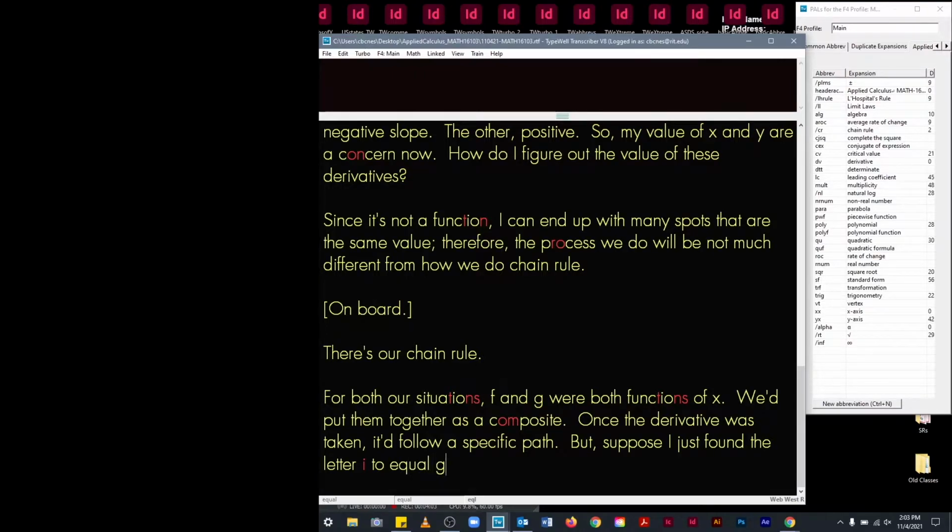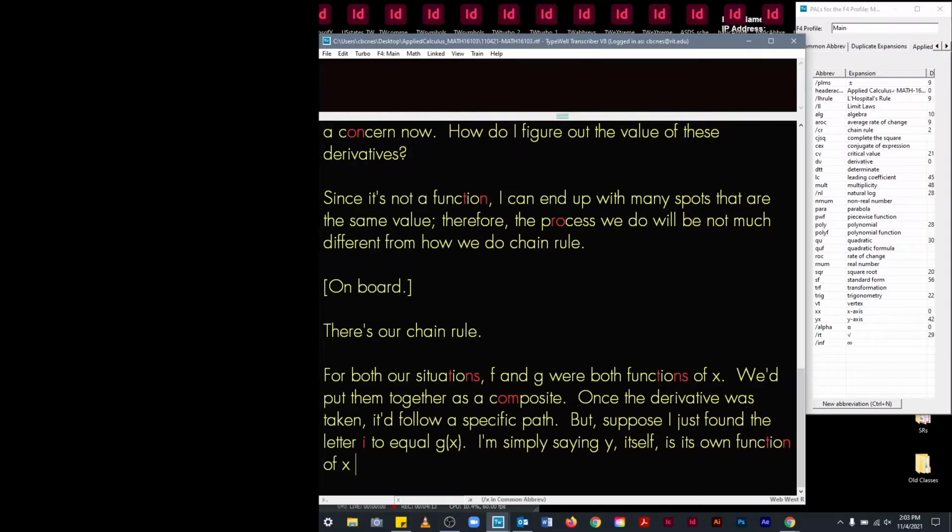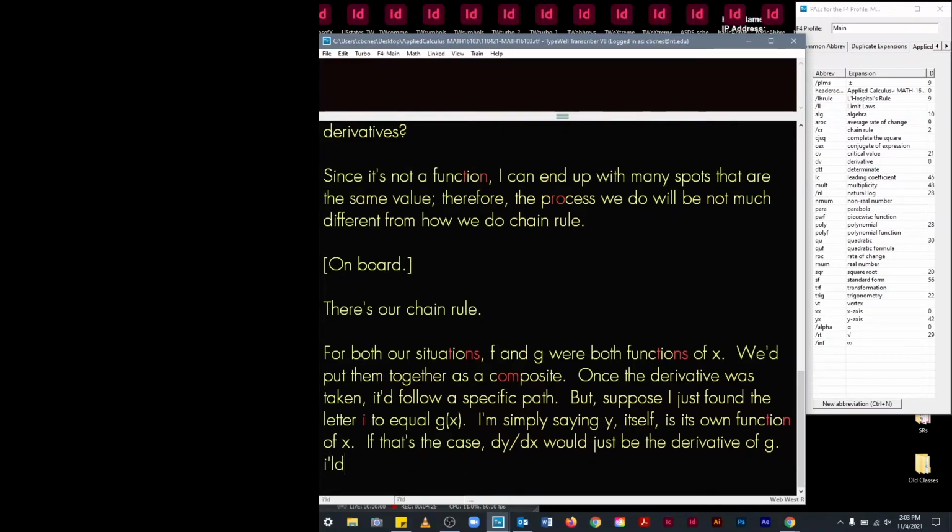I'm simply saying that y is itself its own function of x. If that's the case, then dy over dx is just the derivative of g. I would take the derivative of this little function. And again, this is something that we covered pretty much at the very beginning of chapters 3 and 4.